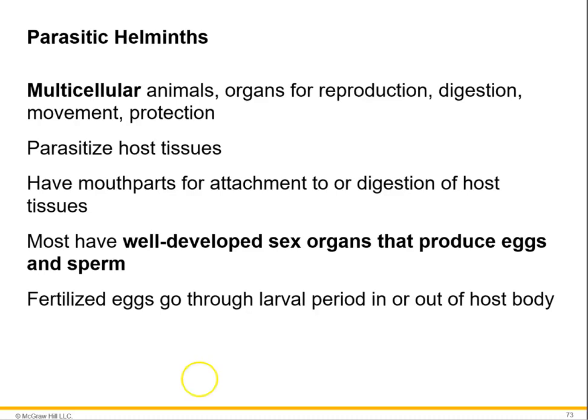So the organism in which these worms undergo different developmental steps is going to be called the intermediate host. And the organism in which the worms reach adulthood and mate is going to be called the definitive host. And you need to know that definition for the exam.